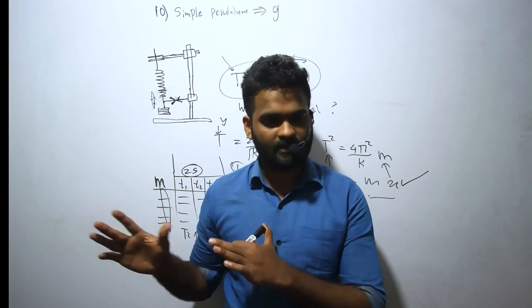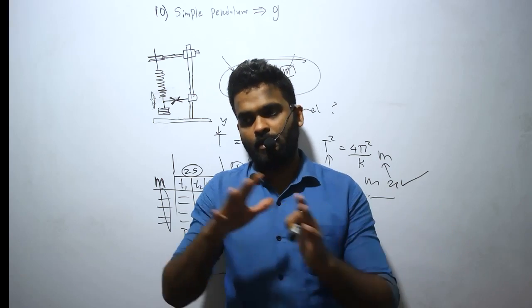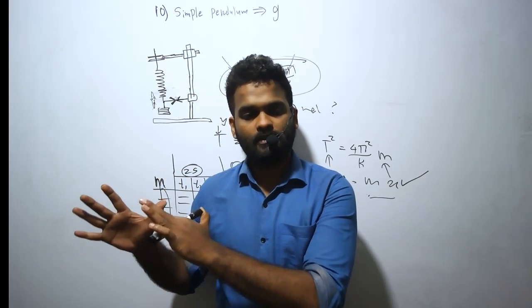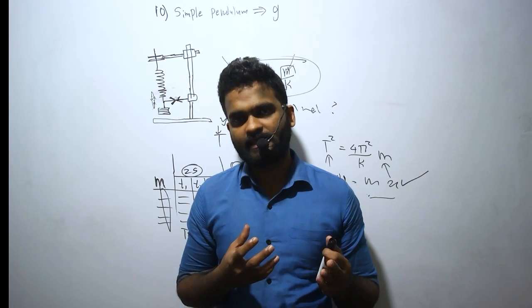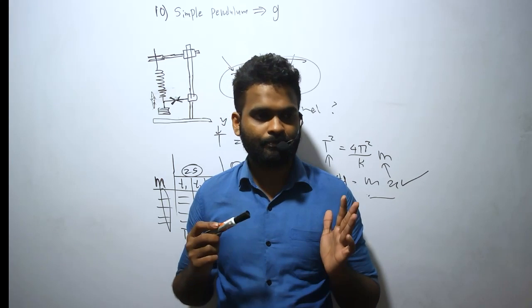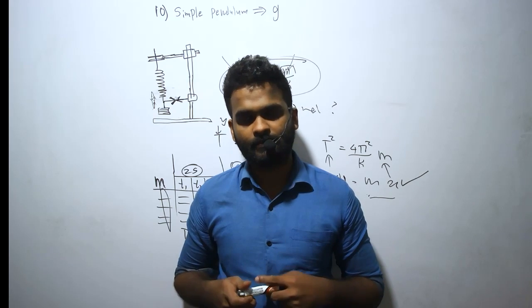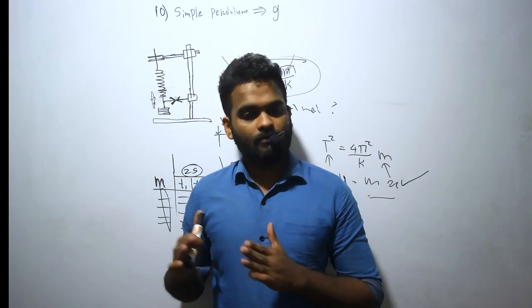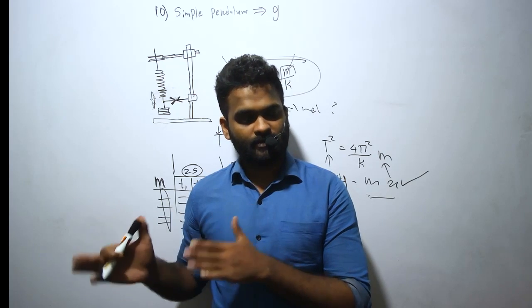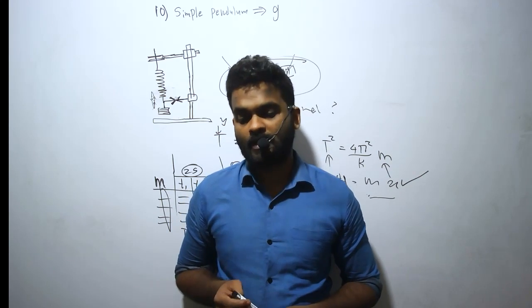So everything given in theories must be proved using experiments. Otherwise, those theories are not considered valid. Those are just theories. That's why these experiment questions hold a very important position.